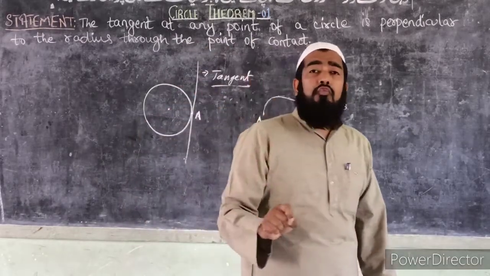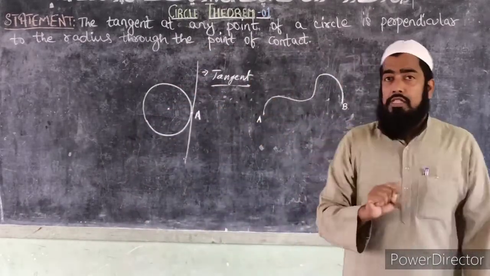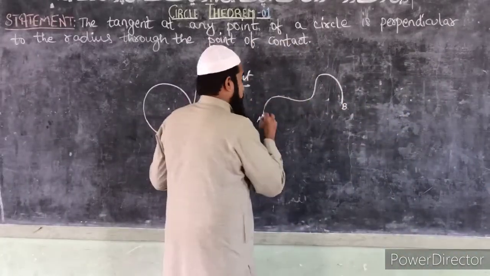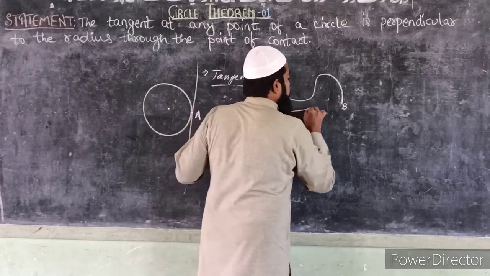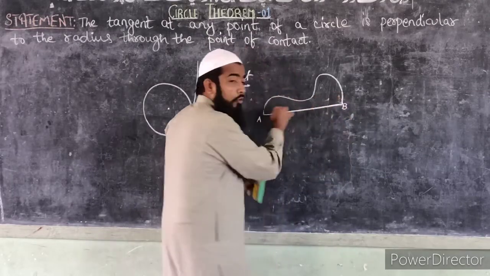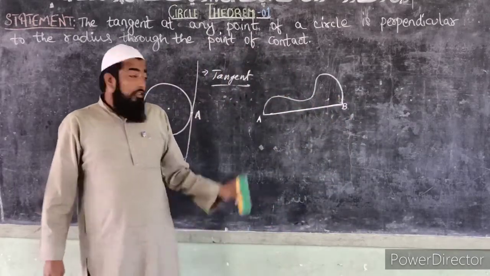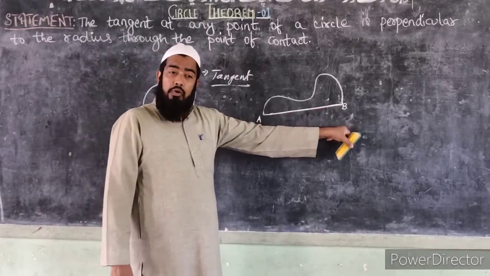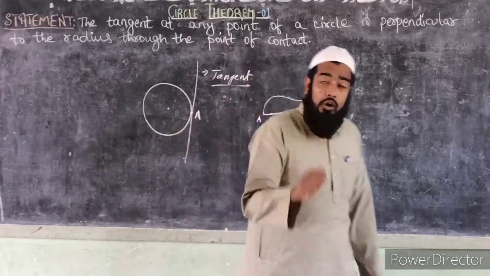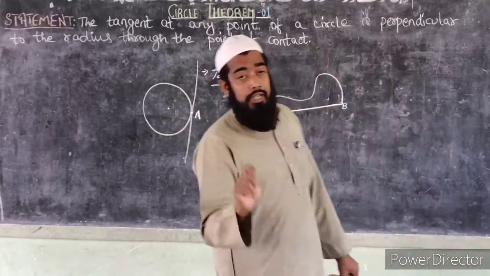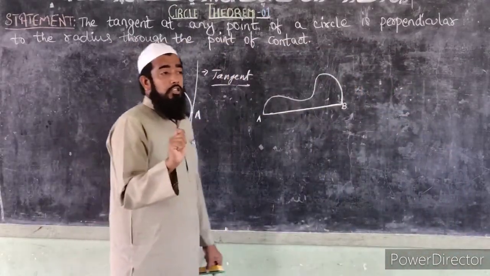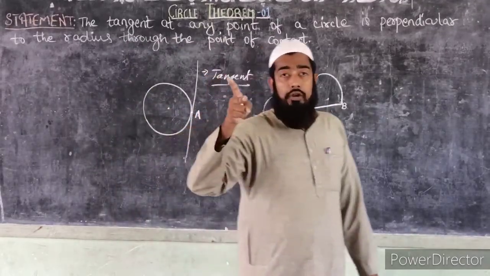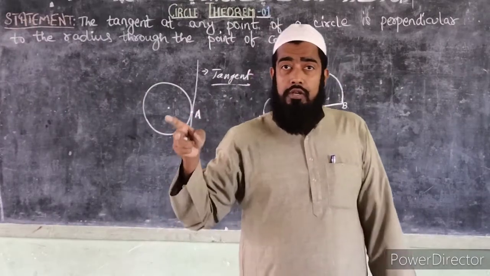But if you want to find the actual distance between those two points, then you must draw a straight line between those two points. This is the distance between these two points, and this is called the shortest distance, the shortest line that can be drawn between both the points. Did you get this concept?